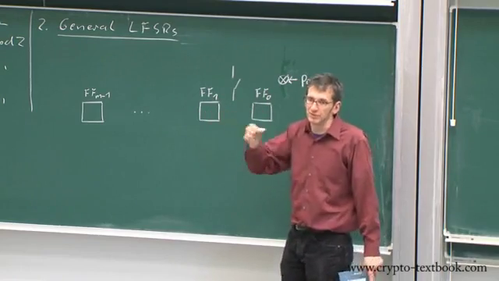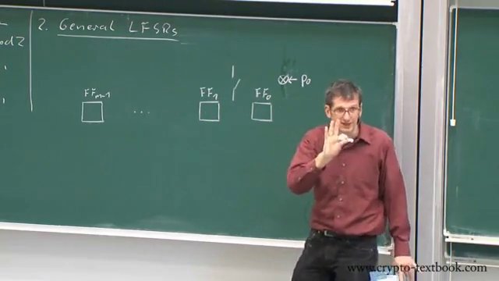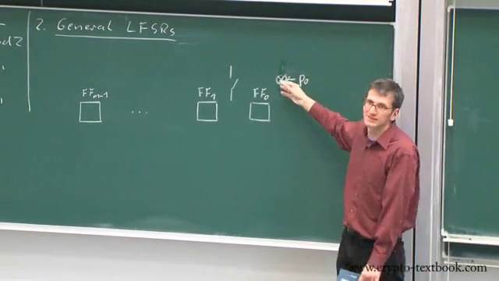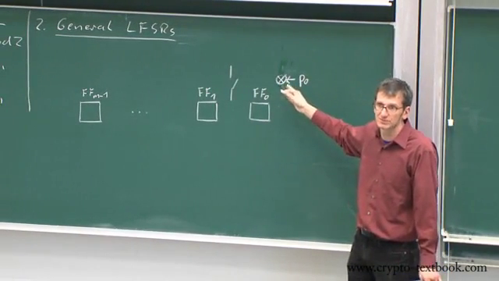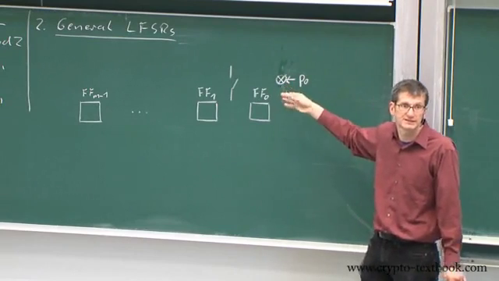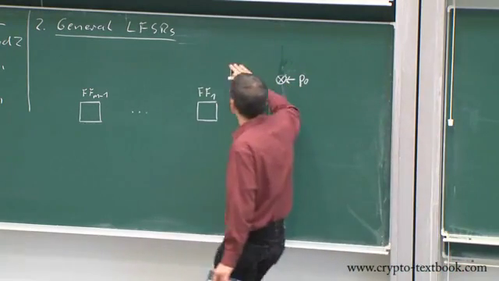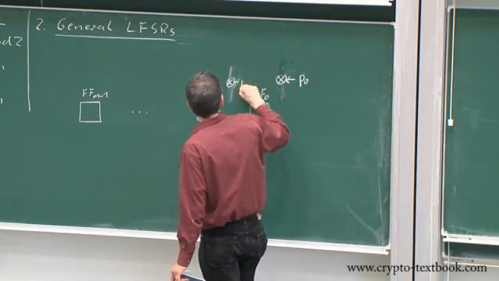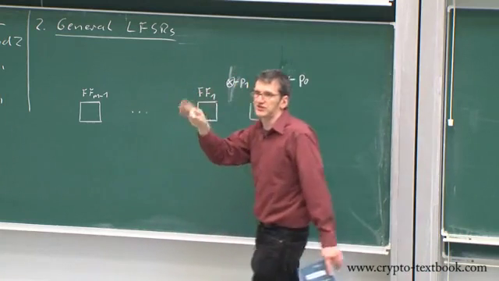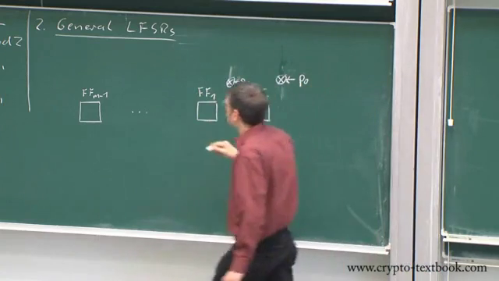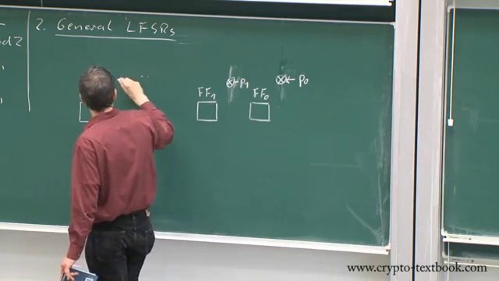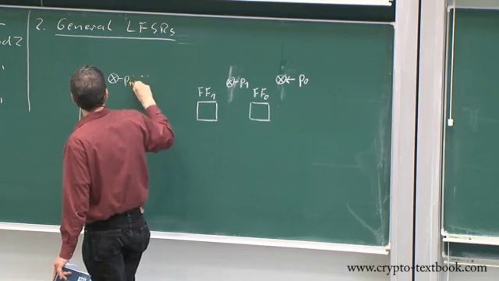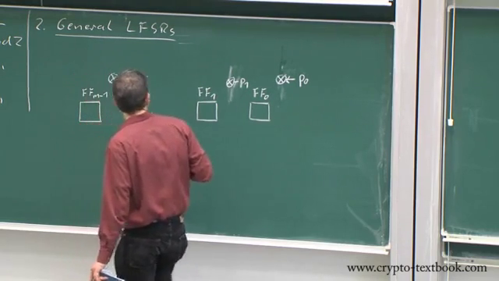I promise, in 2 minutes, I'll show you why it's a good idea to have a multiplier here. The multiplier stands for the switch. Here you have a multiplier with the switch variable P1, and you do that many, many times.